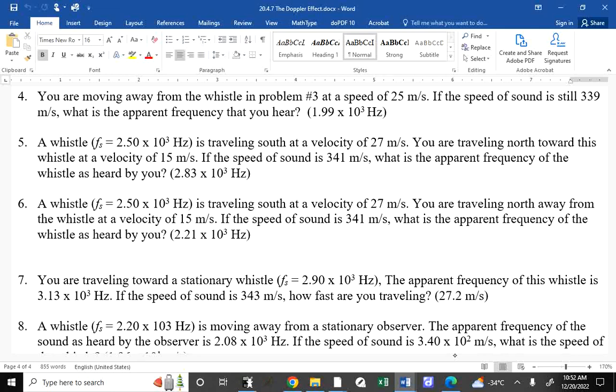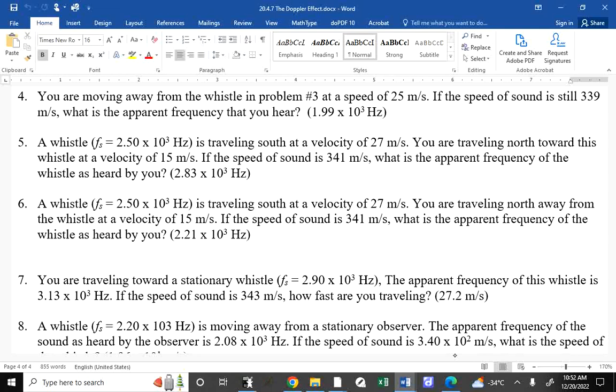So, think about this for a second. If the whistle were stationary and I were getting closer to the whistle, would the frequency I hear be more or less? Okay, good. If I were stationary but the whistle were coming towards me, would the frequency I hear be more or less? More.